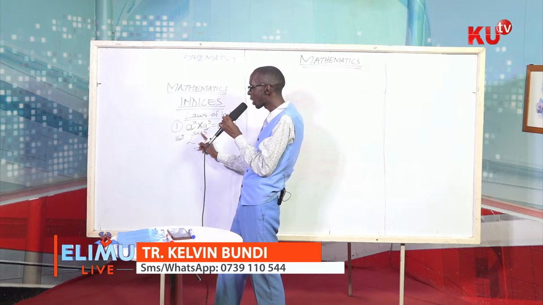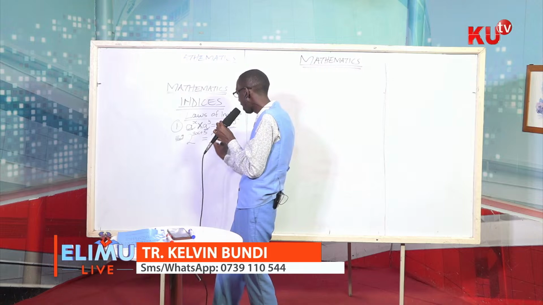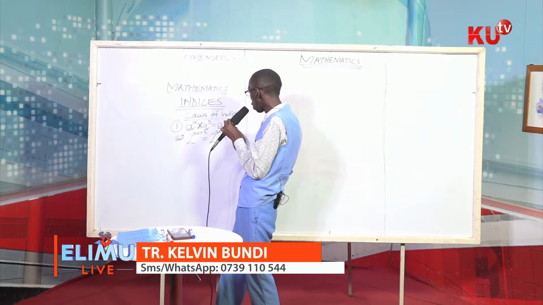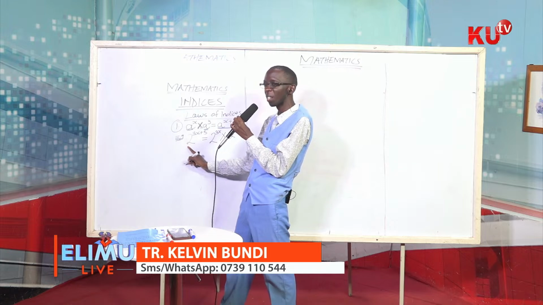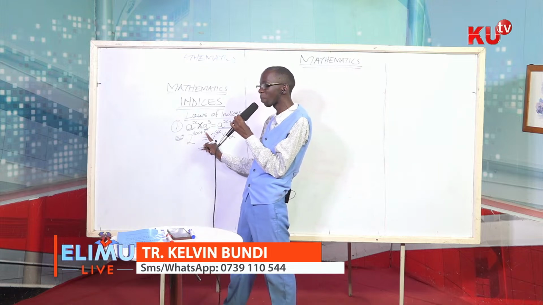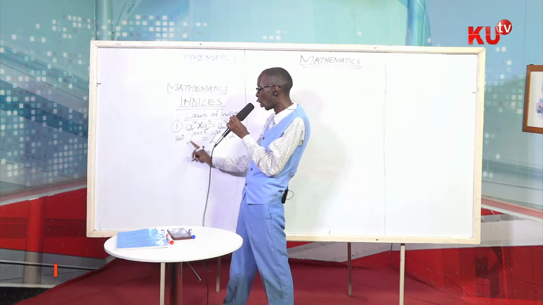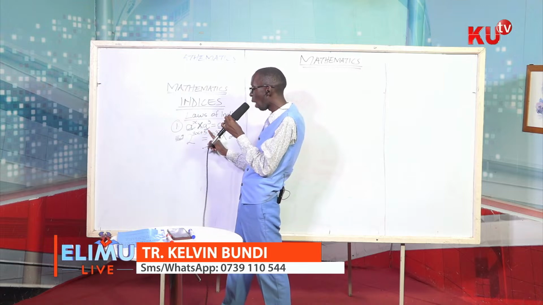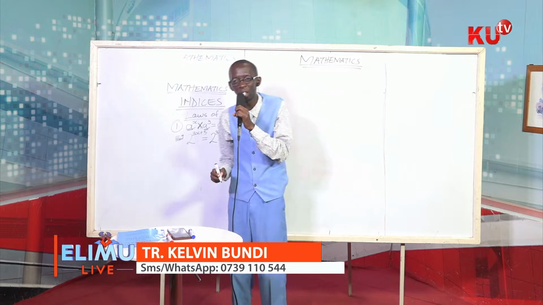By introducing a multiplication sign and rewriting it as 2 to power 3x times 2 to power 5. Since the powers are added, we can rewrite it as 2 to power 3x multiplied by 2 to power 5. That is the first law of indices.